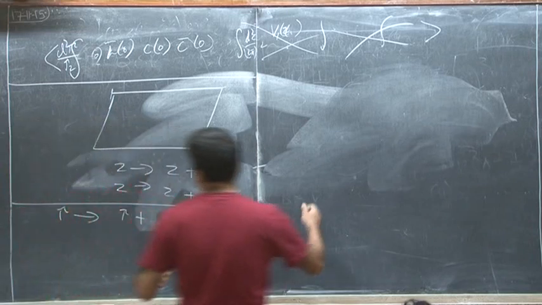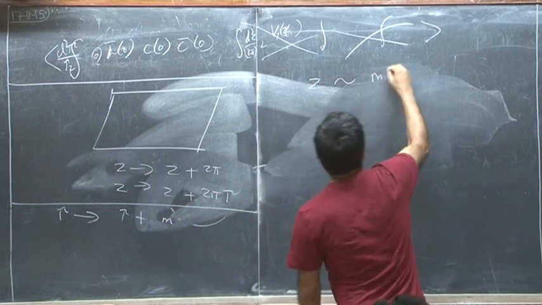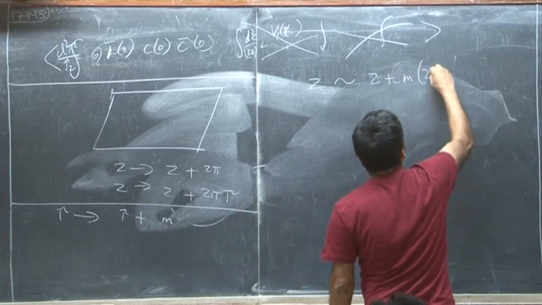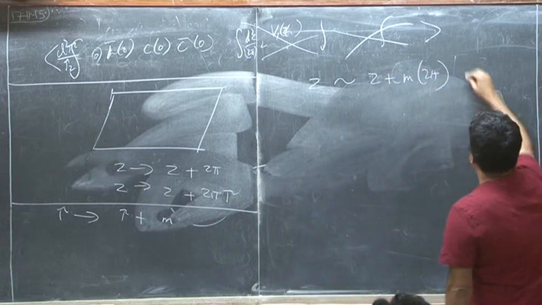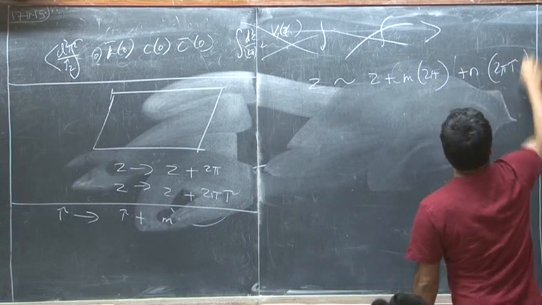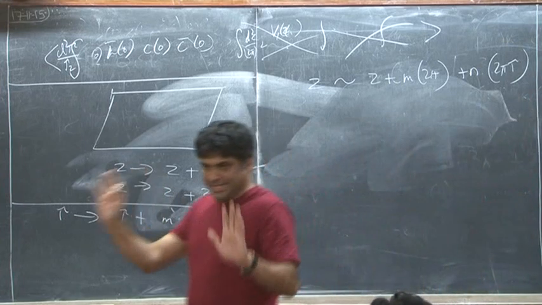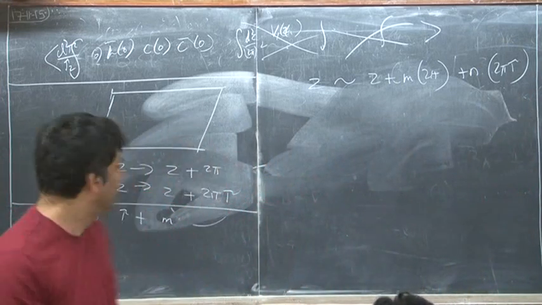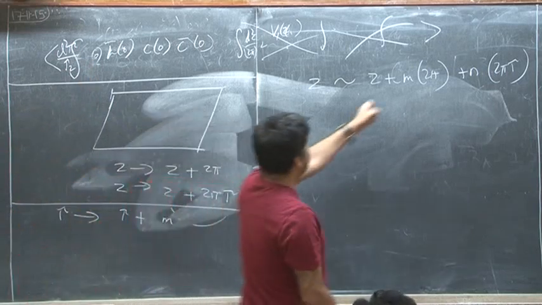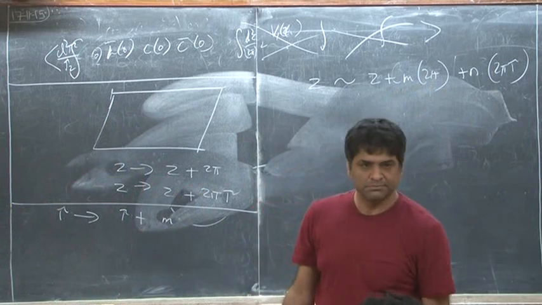What does lattice mean? It means z is to be identified with z plus m times 2 pi plus n times 2 pi tau. The torus is the complex plane modulo this identification. Now, this identification is true for all integers m and n, positive and negative.